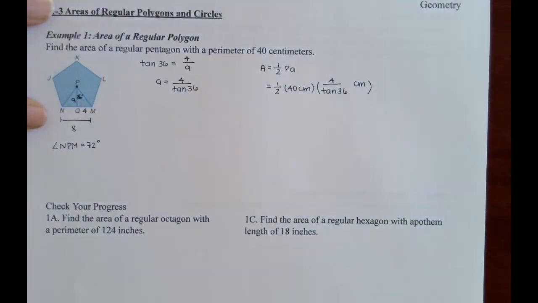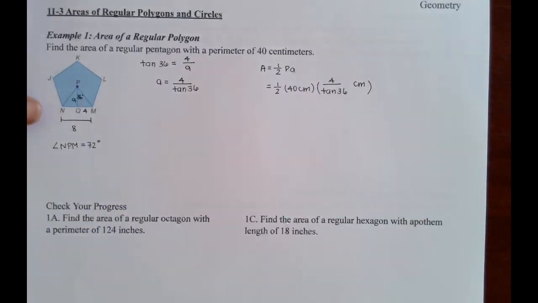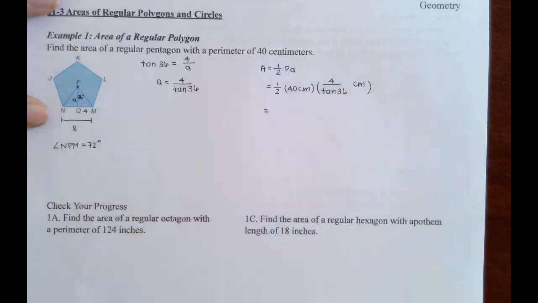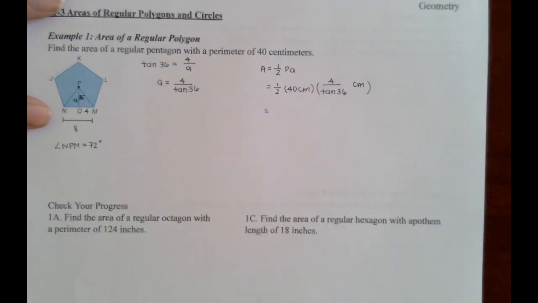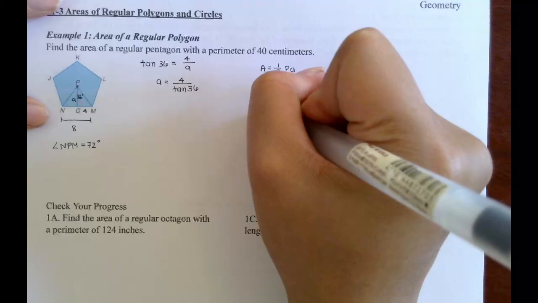I could have figured it out, but then it would have been a decimal answer, and I want it to be as exact as possible. That's why I'm writing it in as this and then just typing it into my calculator. Half of 40 is 20, 20 times 4 is 80, and then I do 80 divided by tangent 36. That gives me approximately 110.